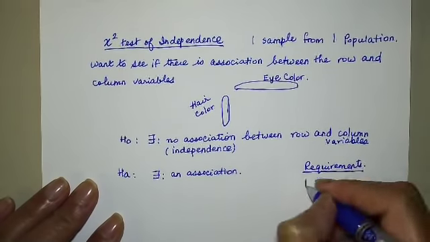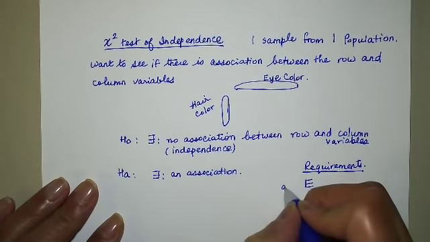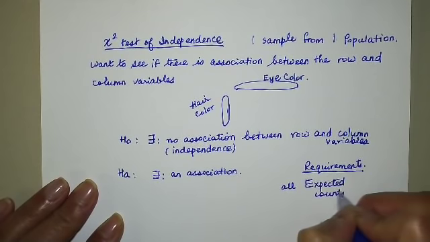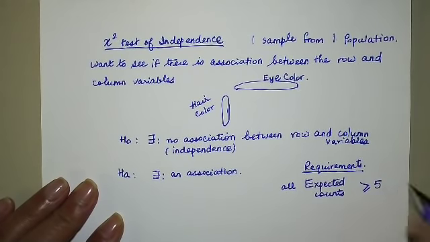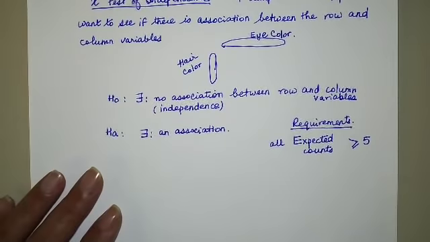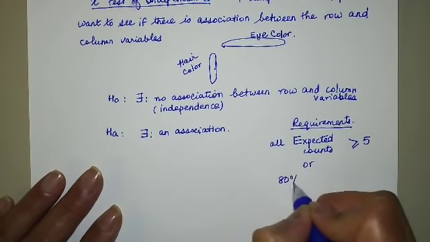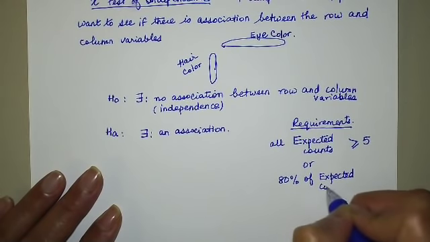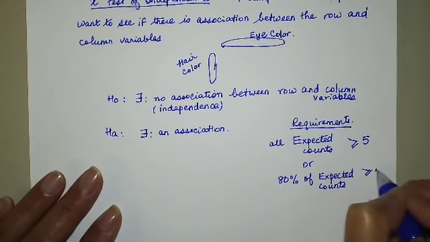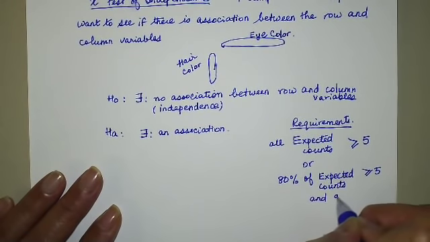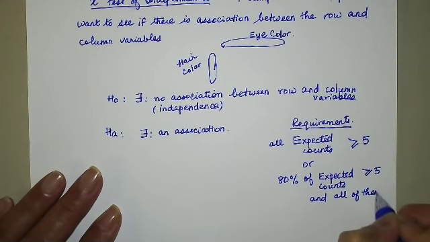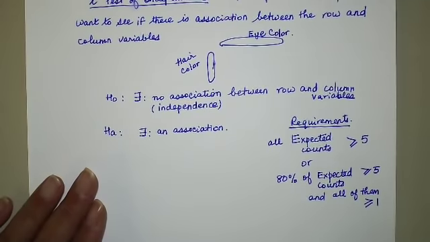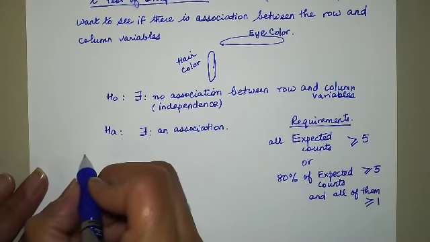The requirements for the use of this chi-square is that all expected counts be greater than or equal to 5, or 80% of expected counts be greater than or equal to 5, and all of them greater than or equal to 1.